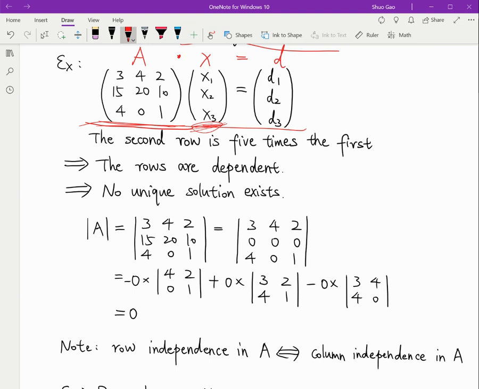Because we can see that the second row here, 15, 20, and 10, are exactly 5 times the first row, right? 5 times 3 is 15, 5 times 4 is 20, 5 times 2 is 10. So the second row is just a multiple of the first row.